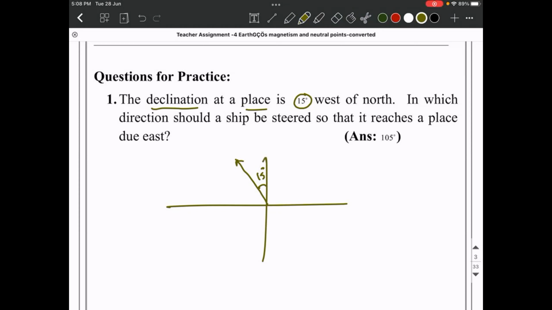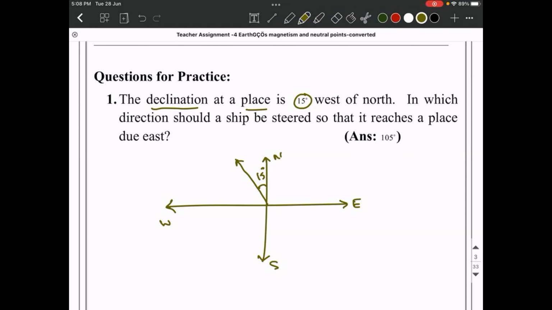So this is north, east, south, west. Now read the question carefully. In which direction should this ship be steered so that it reaches a place due east? According to the declination, it is already going in this direction.